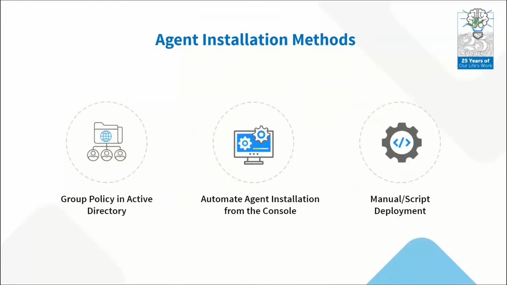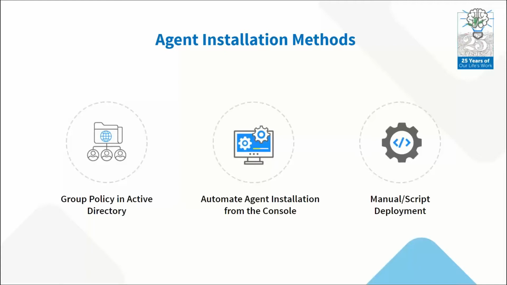Now, as I said before, Desktop Central's agents need to be installed in every endpoint that needs to be managed by Desktop Central. So here are three common methods for agent installation. The first one is to deploy the agents using a group policy in an Active Directory based setup.